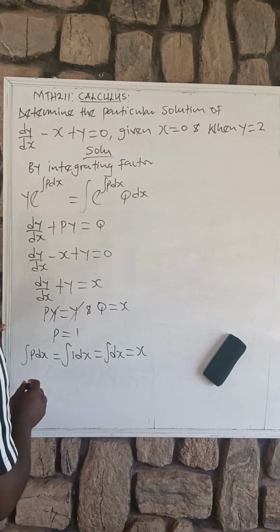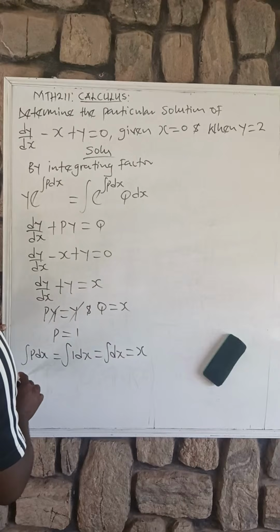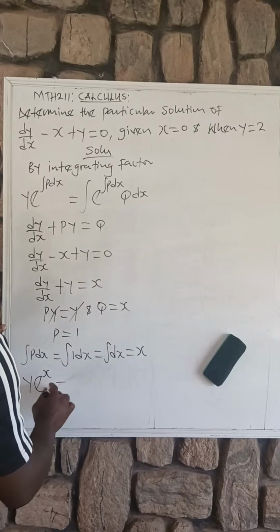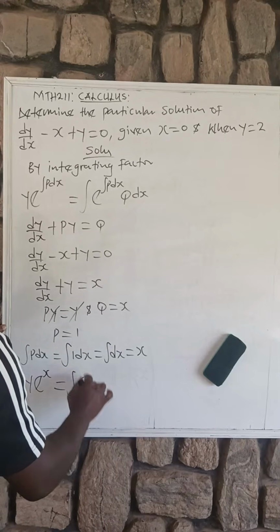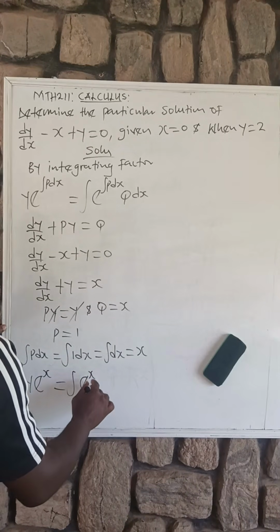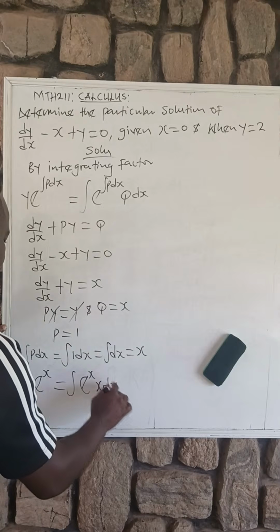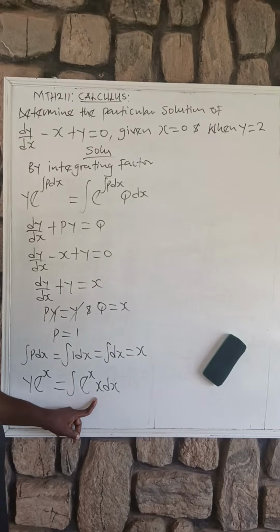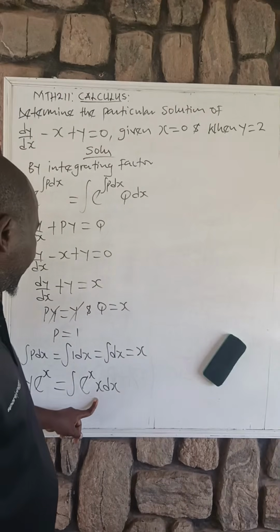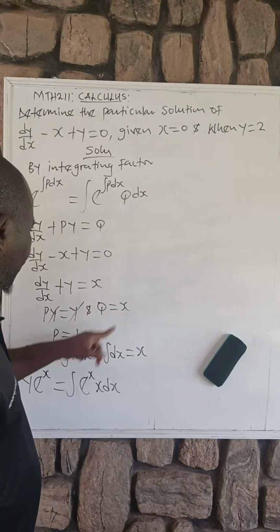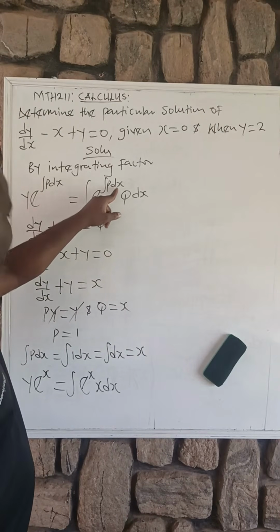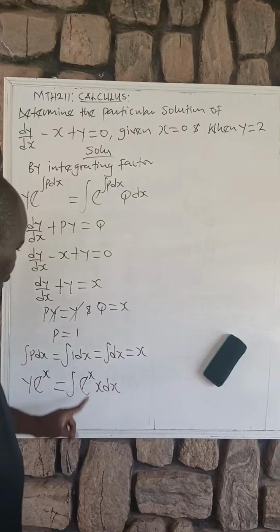So here we are going to have y exponential x equals integral exponential x times x dx, because our q is x.